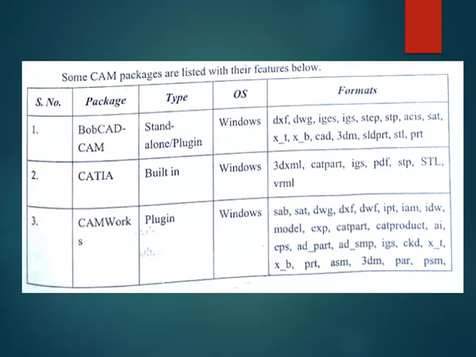So we can use CAMWorks in any other CAD software, even if it is SolidWorks or Creo. For software that doesn't have any CAM software, in that place we plug in CAMWorks. We plug in and use the CAM on that design software. So CAMWorks is one type of plugin software.